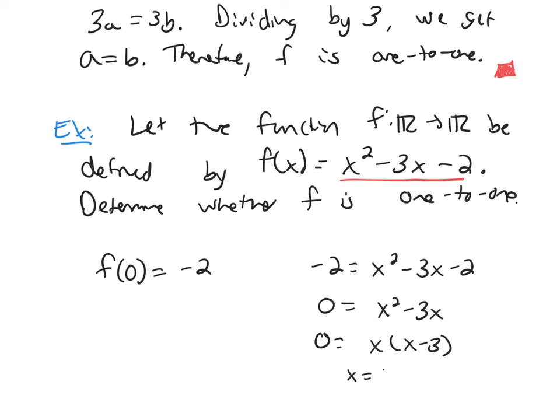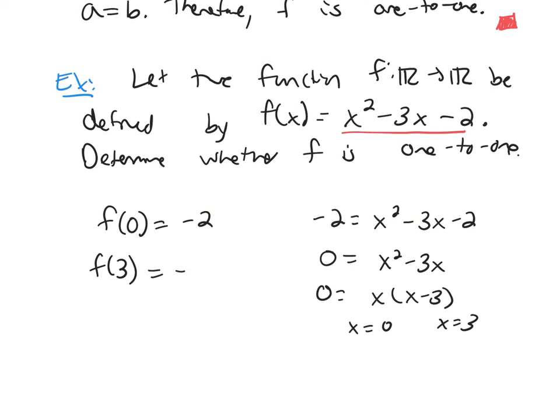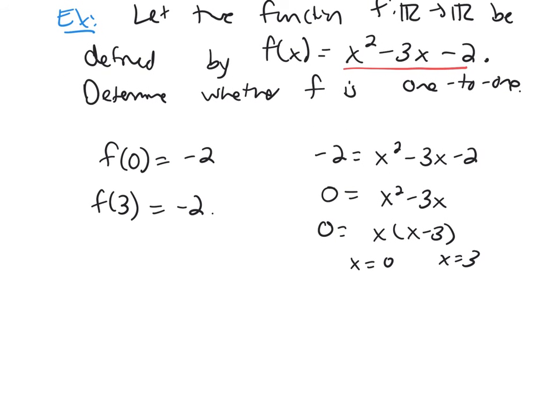So there are two values, x equals 0 and x equals 3. So if I plug in 3, it'll also spit out -2. So here, my answer is going to be, f is not one-to-one.